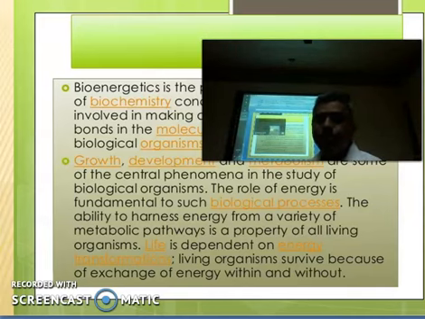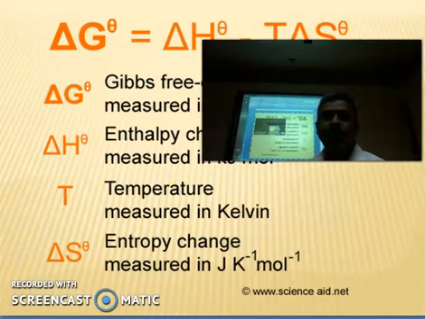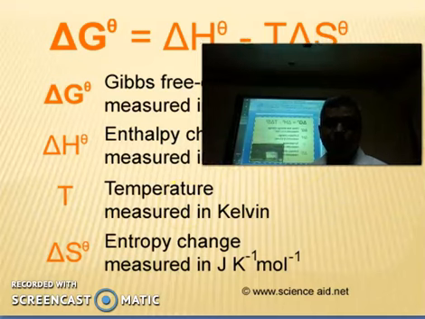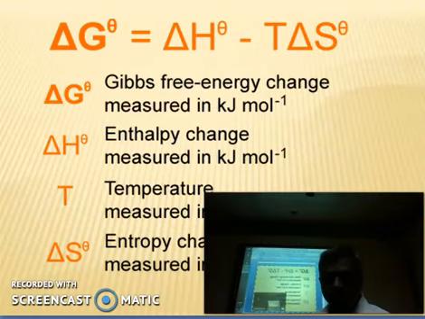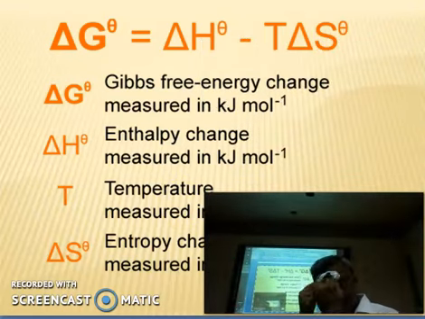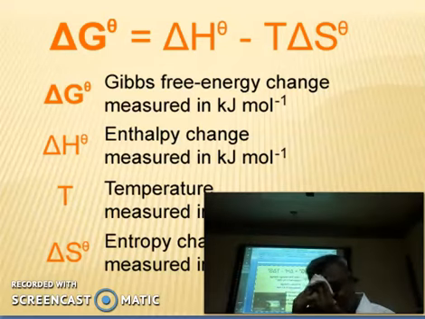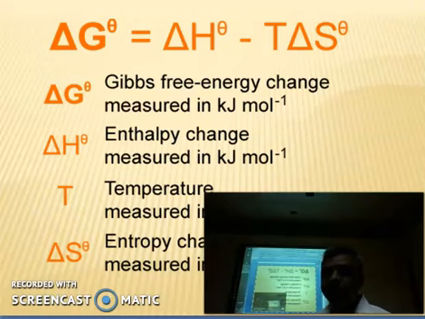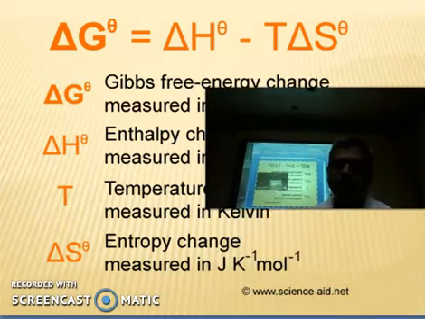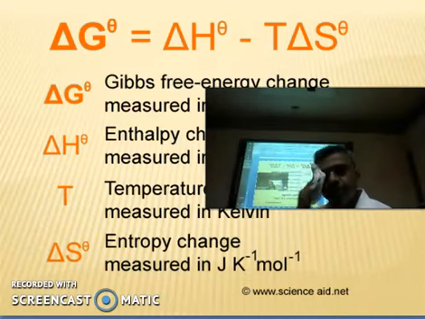I will give you delta G, the free energy change. This equation you have to remember: delta G zero is equal to delta H minus T delta S. Now what is meant by delta G in this reaction? Delta G gives the free energy change, measured in kilojoules per mole. Then enthalpy, that is delta H change, is measured in the same unit.